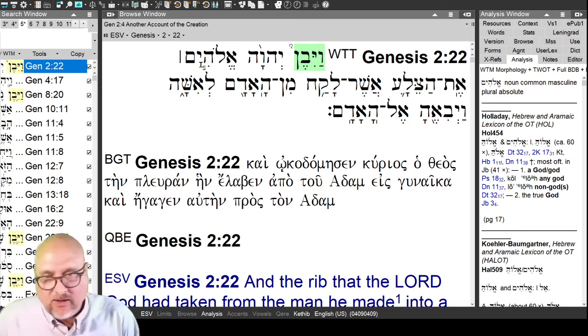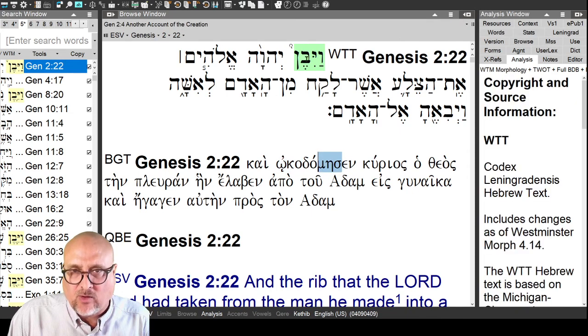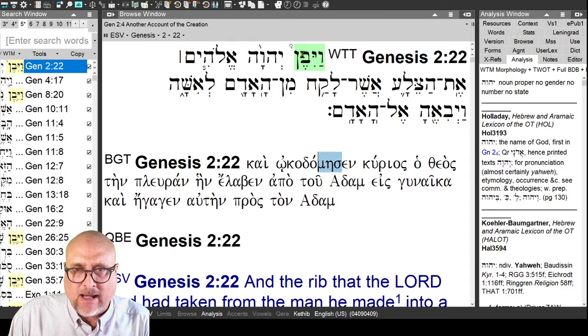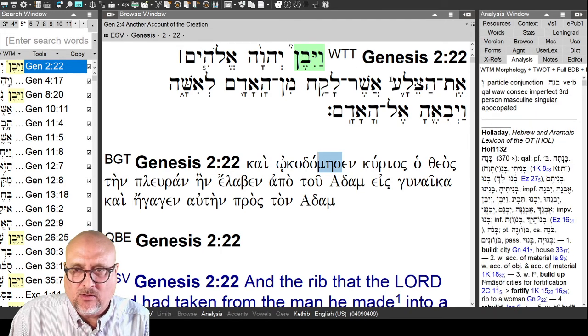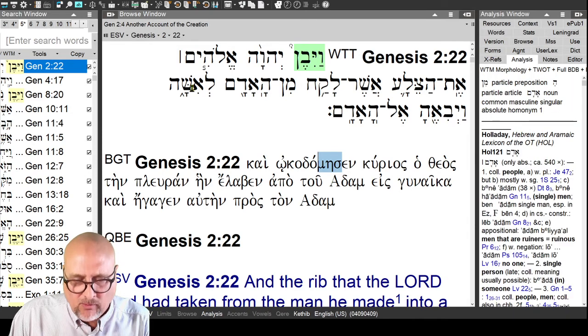Well, I want you to see something in Greek. In Greek, they translate this word bana literally to house build. Yahweh house built the rib which he had taken from the Adam into a woman.